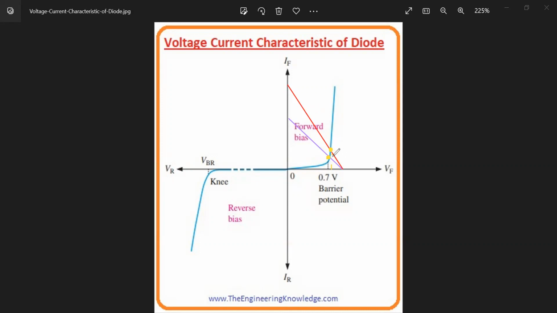We will see the intersection of these two graphs and figure out the point. Another important thing is that this point is known as the Q point, the quiescent point, the active point of the diode, which means at which voltage the diode is working and which current is going through it. So we simply call it the Q point of the diode.